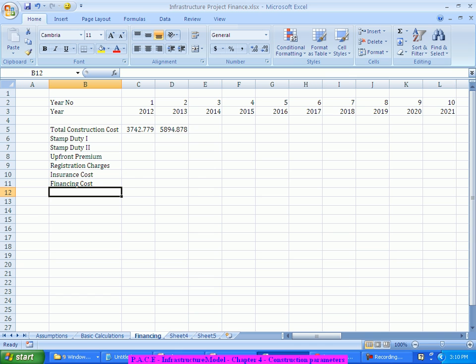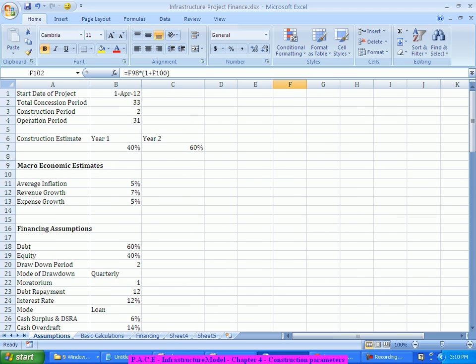As a part of the other financing costs, they are talking of all these costs in the case. There is a stamp duty 1, stamp duty 2, some upfront premium the developer is paying, right? And is also talking about registration charges, insurance costs, some financing costs and all. So they are giving some kind of numbers relating to that. So probably even those numbers I'll put them as a part of the assumption sheet itself.